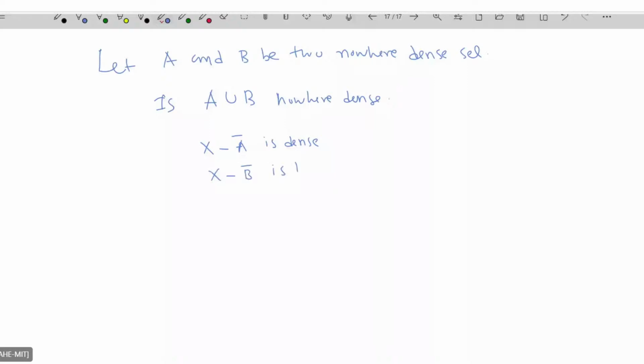That means whatever open set you consider, it will intersect the closure of X minus A and the closure of X minus B. Where the closure of X minus A is dense and the closure of X minus B is dense, can we say the closure of X minus (A union B) is also dense?